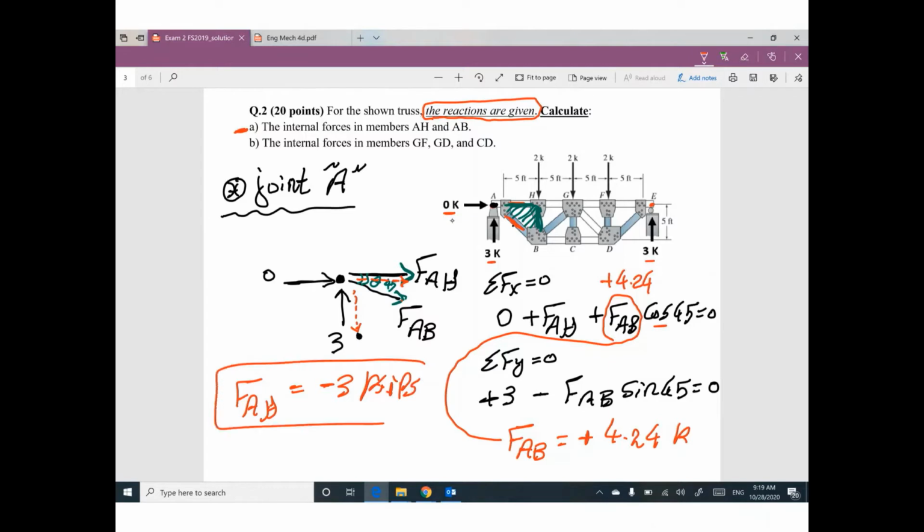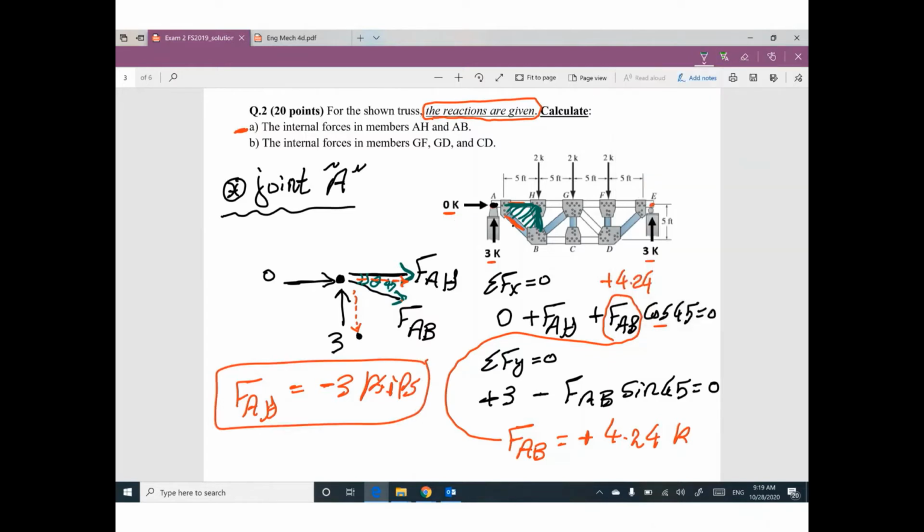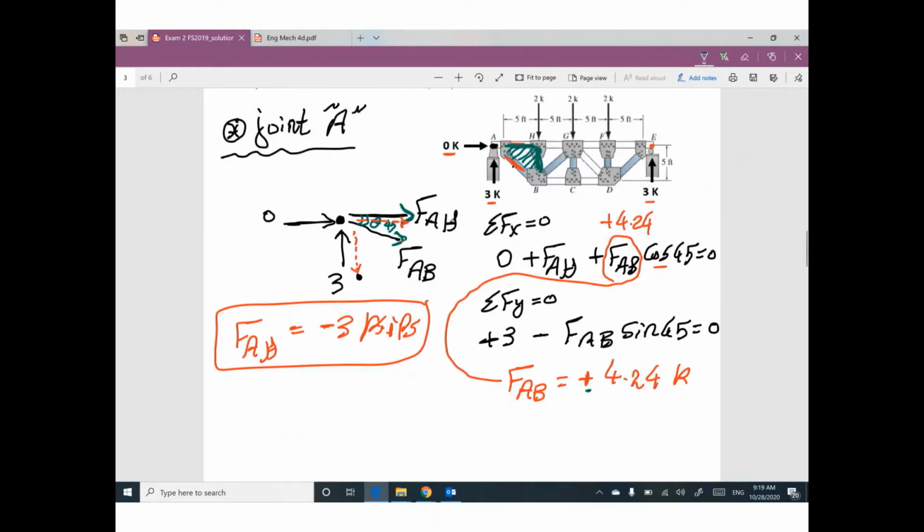I have a question. What is the meaning of a positive value? What is the meaning of a negative value? Do you remember this concept? A positive value means the assumption is correct.